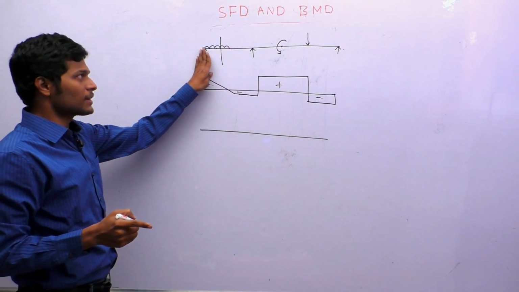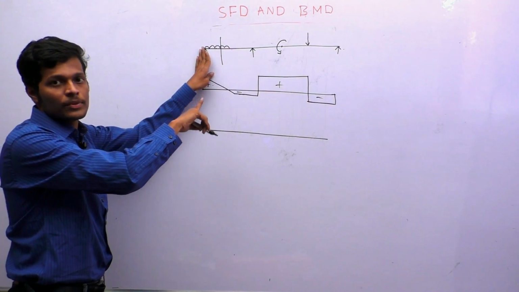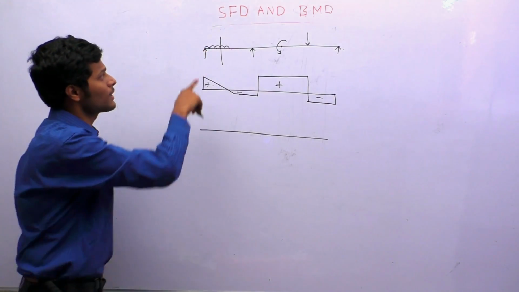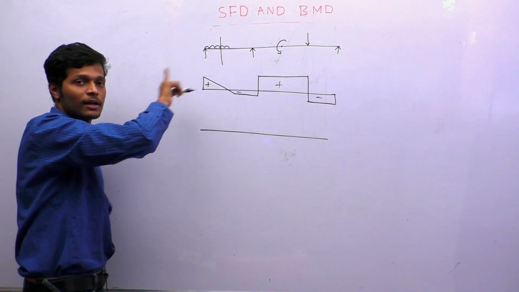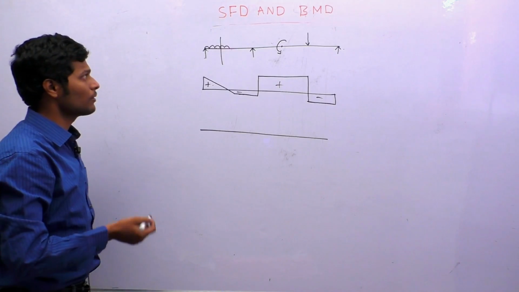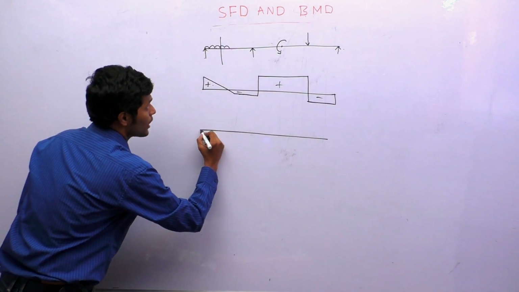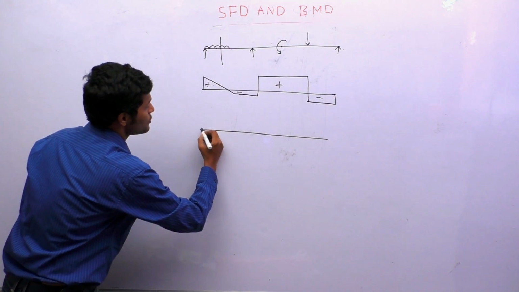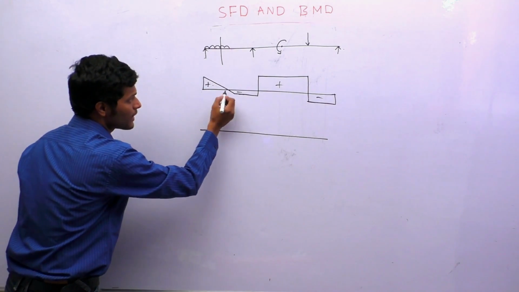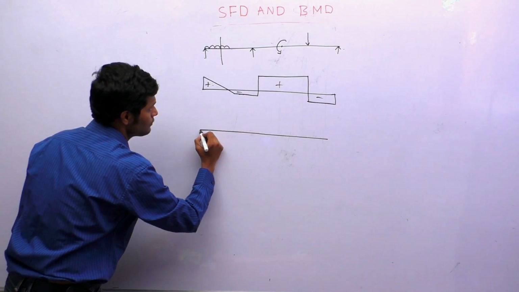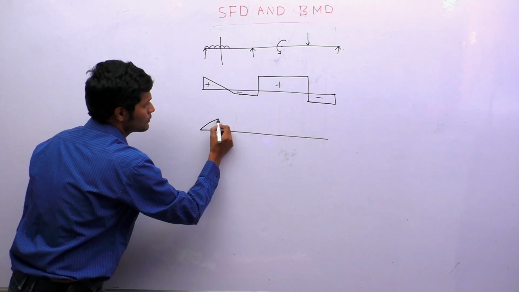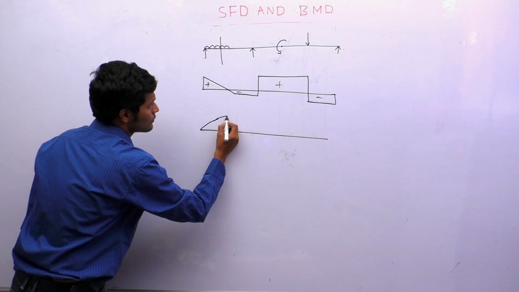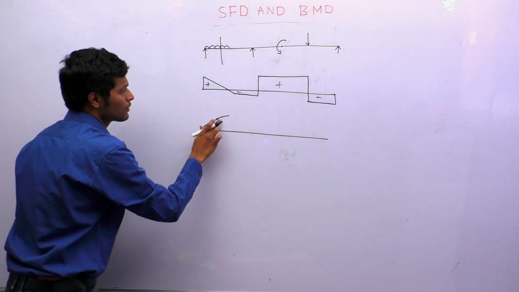If there is nothing here, then you will get concave. So here there is something like reaction into x, so we will be getting convex here. So draw a convex parabola in this zone and it is rising till here. Okay.